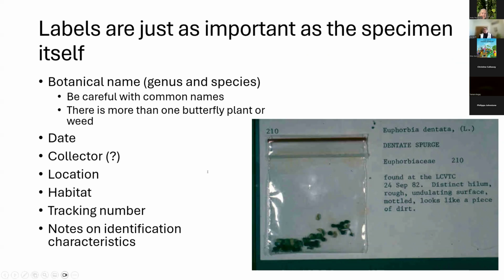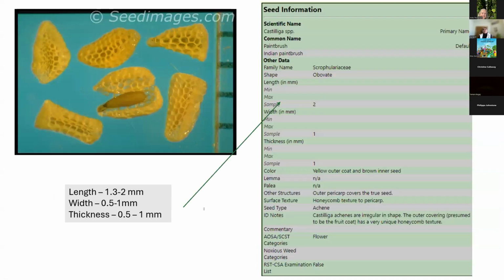The same type of information that you might see on the label associated with seed in the library, the date it was collected, who collected it, the location, the habitat, a tracking number, and notes on the identification characteristics are really important. And in our virtual seed herbarium, seedimages.com, we have the photo, and then we have what we call the fact sheet with it.